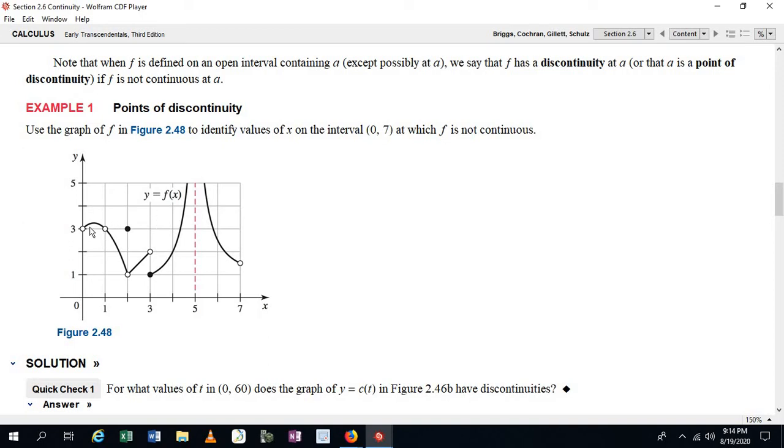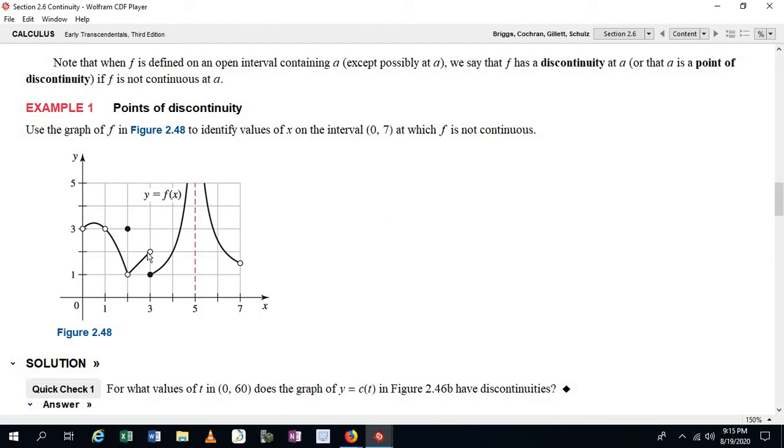But notice over here, I can draw this side of the function, but then I'd have to lift up my pencil to draw this side of the function. And so I have to lift up my pencil right when x is equal to 1, and so that's where you have a discontinuity. So this function's discontinuous at 1. It's also discontinuous at 2 because I'd have to lift up my pencil to draw this point right at 2.